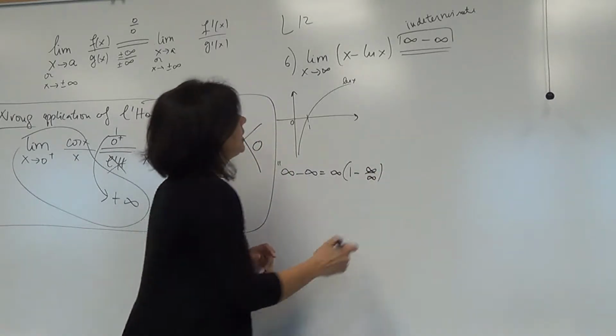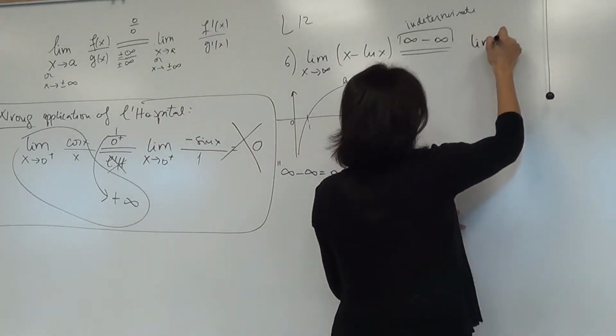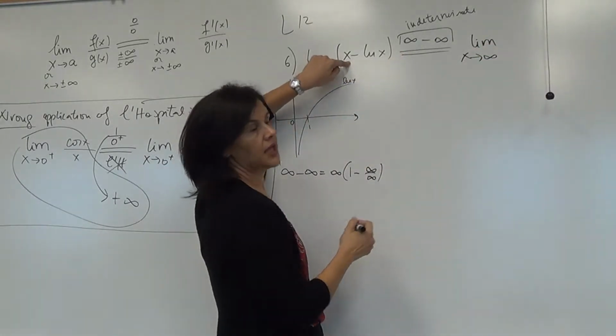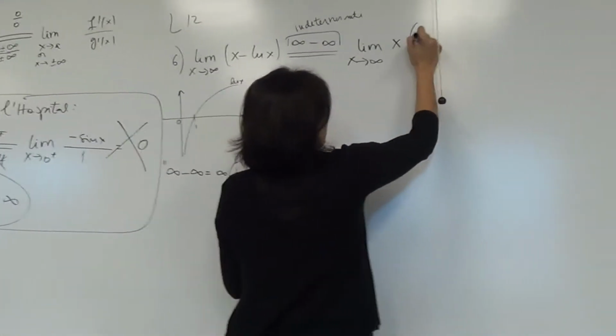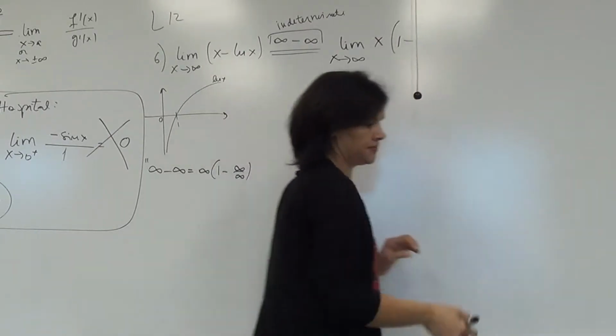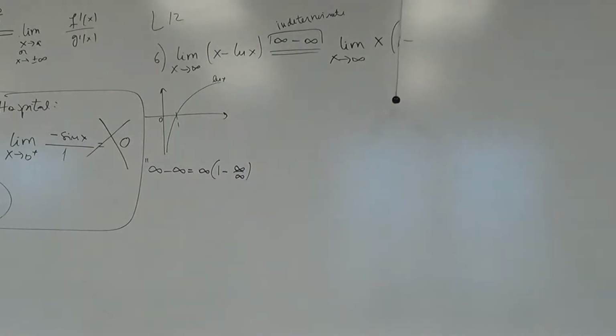So let's force factoring out something that produces an infinity. Let's force factoring out an x. Then I will have 1 minus ln of x over x.